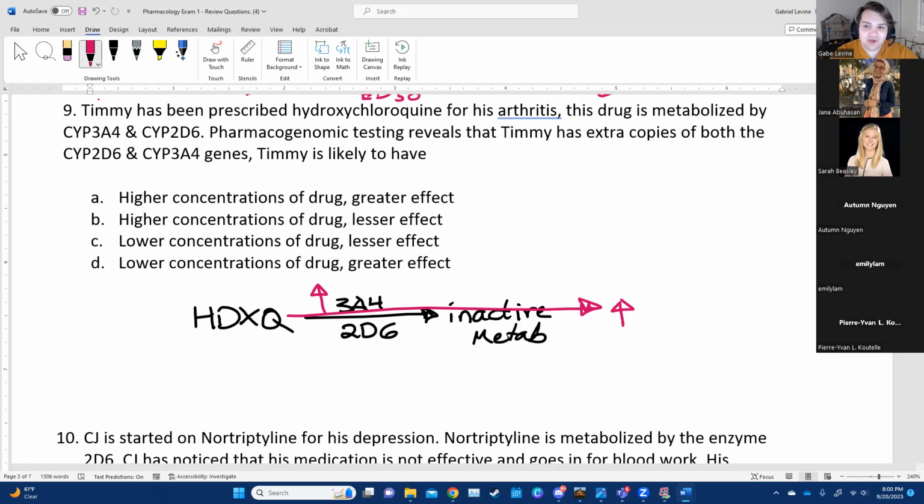So if you are decreasing the concentration of hydroxychloroquine, exactly, just like in the two-state model, you are going to have lower concentrations of the drug, and it should have a lesser effect. So the answer here should be C.